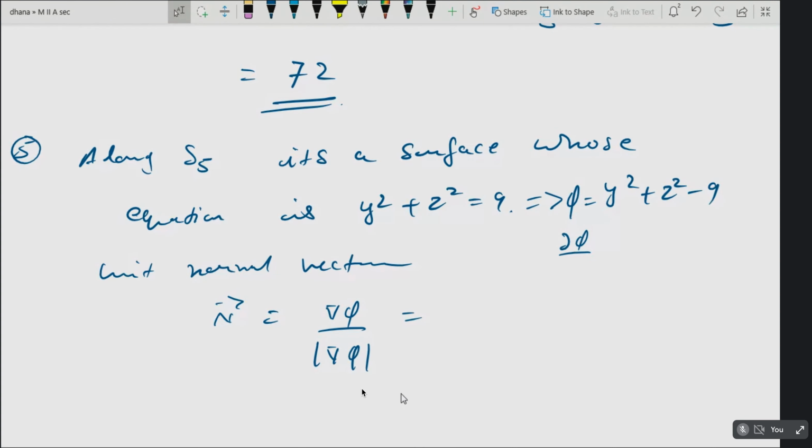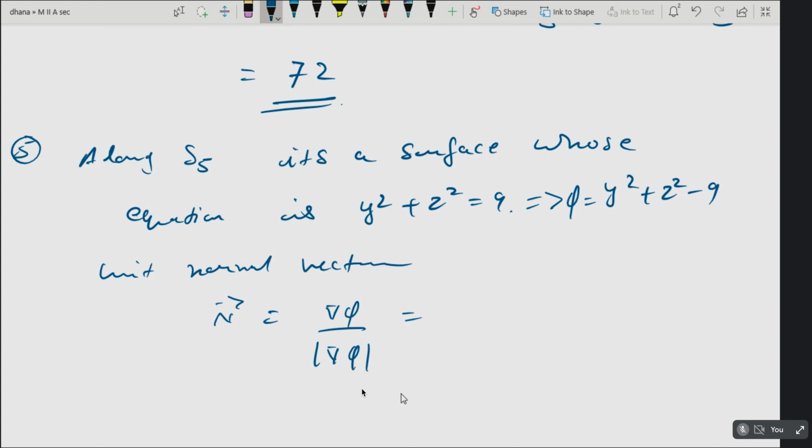You get dou phi by dou x into i cap plus dou phi by dou y into j cap plus dou phi by dou z into k cap.